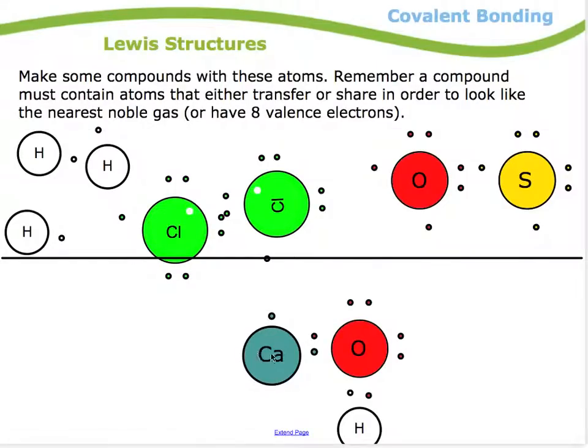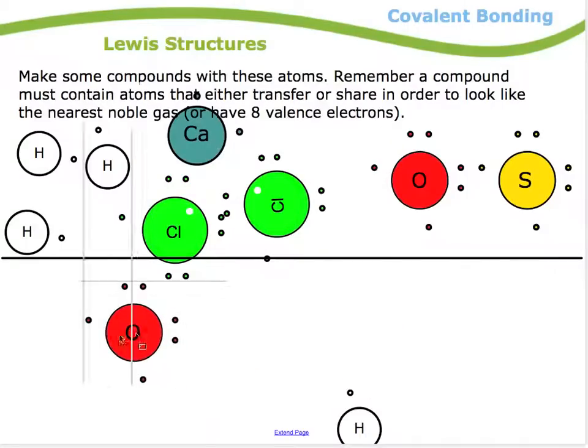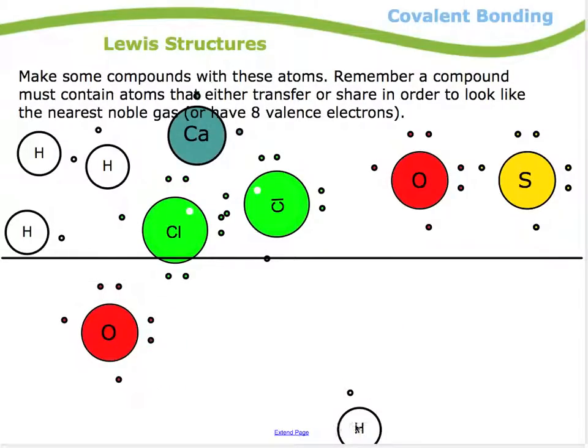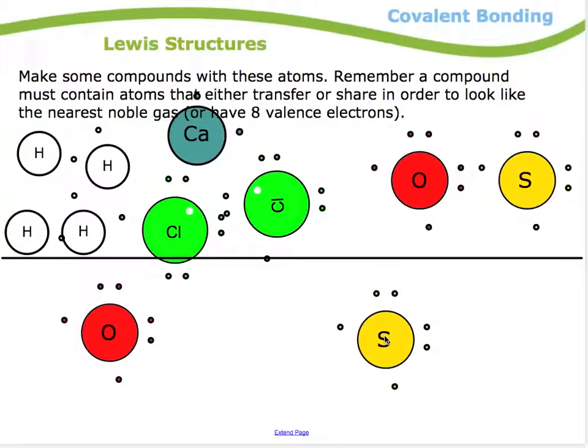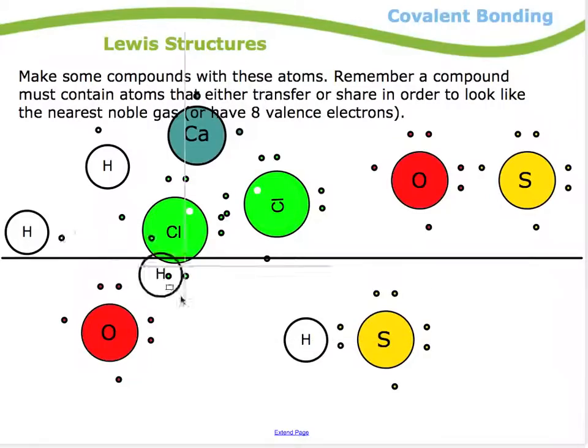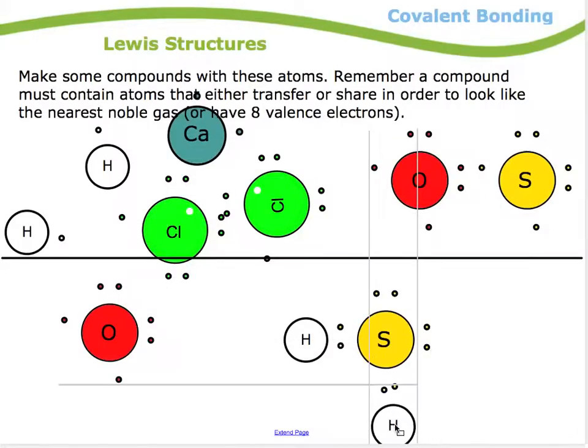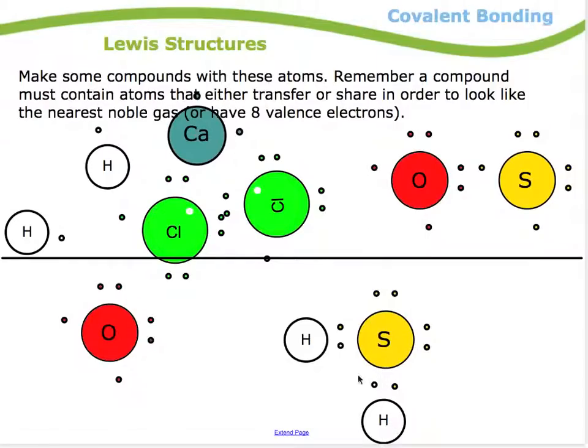So with Lewis diagrams, or Lewis dot diagrams, I can take elements or atoms and specifically look at how many electrons they have, and then see if there's a way that I could maneuver the electrons so that a compound like sulfur has 8 electrons around it, and an element like hydrogen has 2.